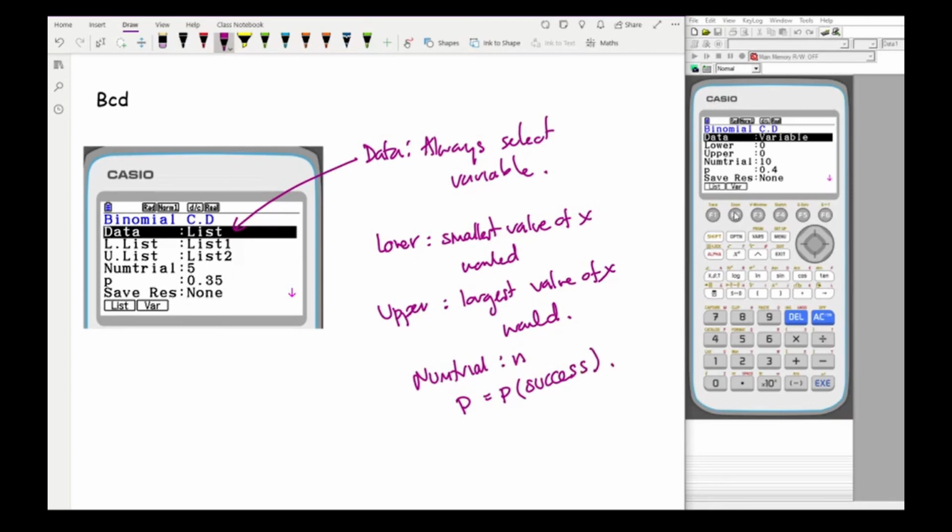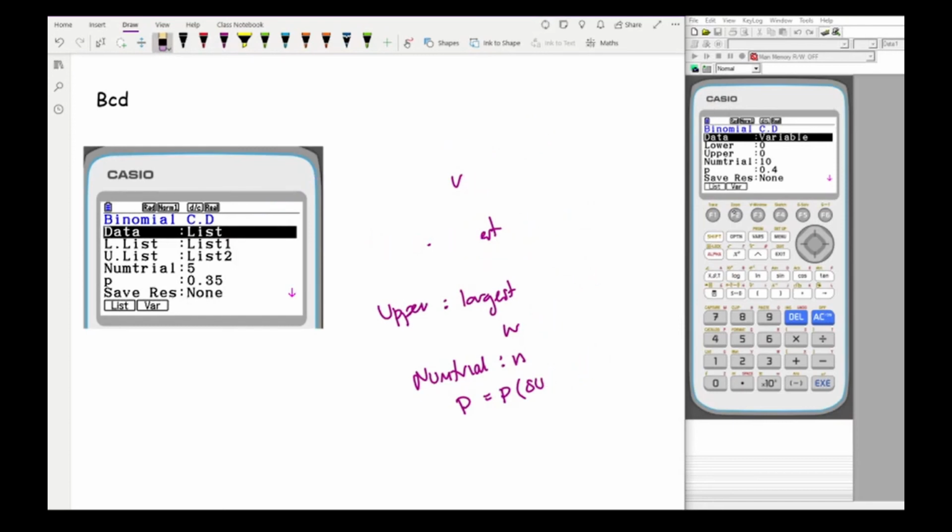It's always just a case of messing around. Obviously textbook questions are really good for this because you can check how your calculator works and get an understanding of what it is you actually need to do.